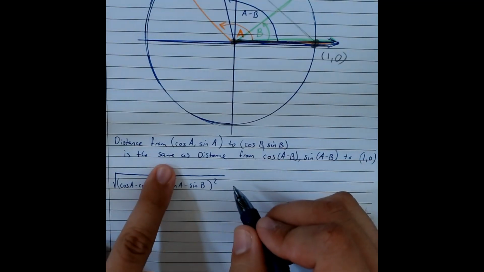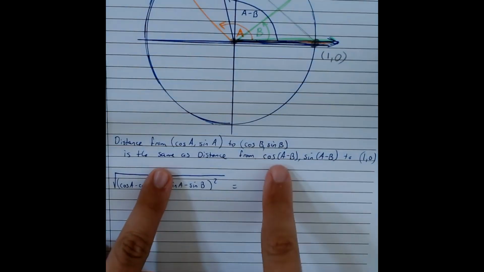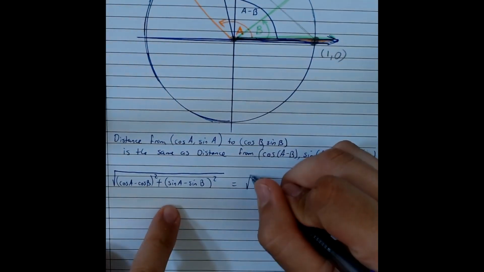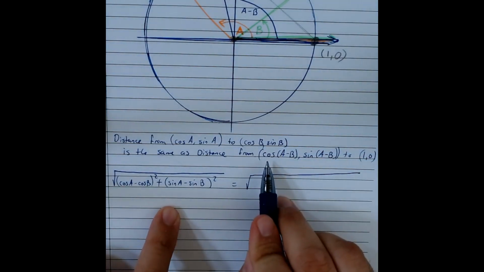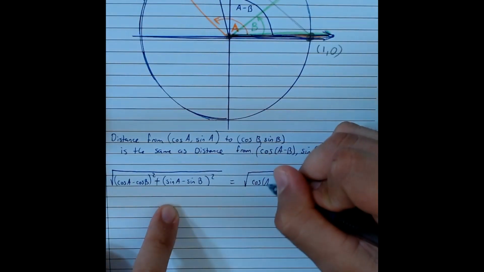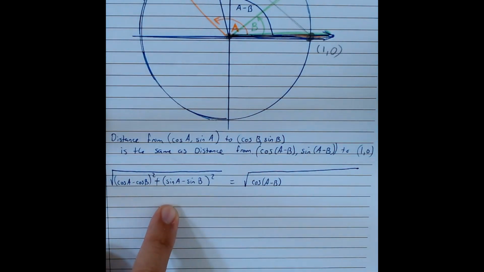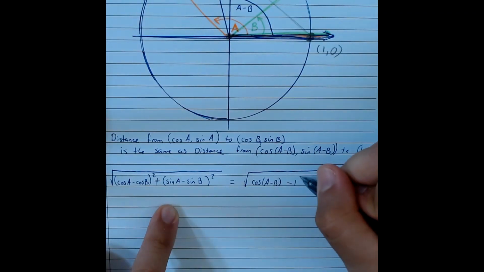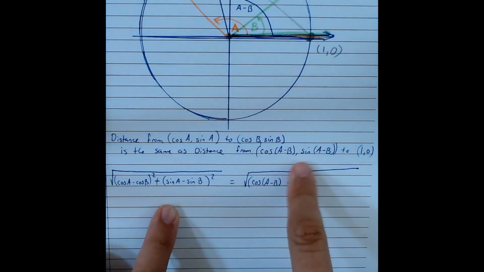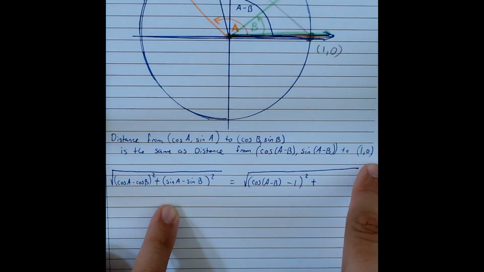And that's going to equal the distance between these two, which again, using the distance formula, is going to be the square root of this minus 1 squared, cosine of A minus B minus 1 squared, plus this one minus this one squared.